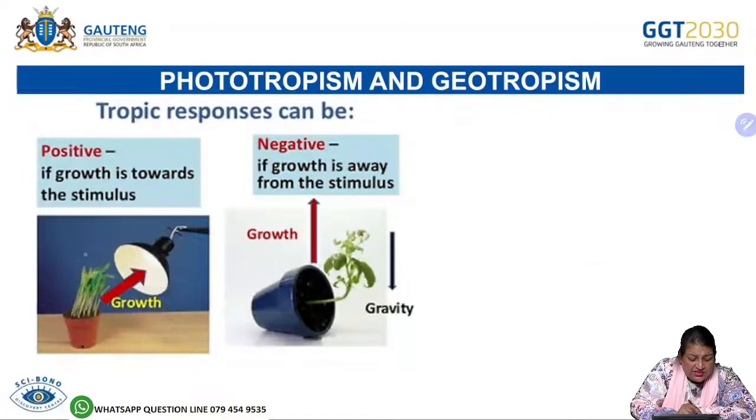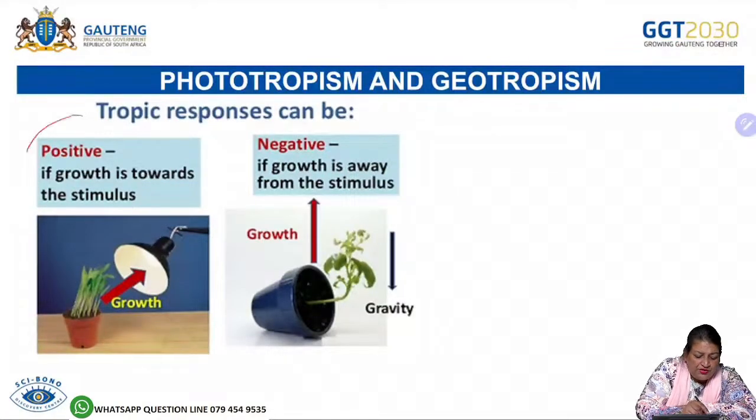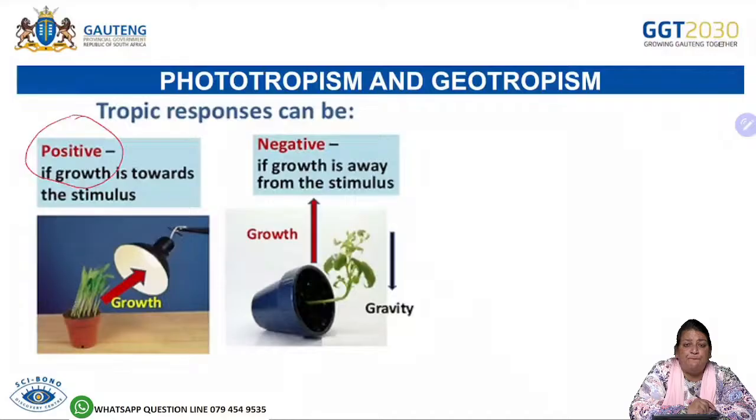Phototropism. So this is a positive movement towards the stimulus. Stems must grow towards light. So therefore stems are showing a positive response. They are growing towards the light stimulus. Okay, here you can see this pot plant fell onto its side, the wind dropped it, and although the pot plant fell, the stem will still bend and grow towards light.